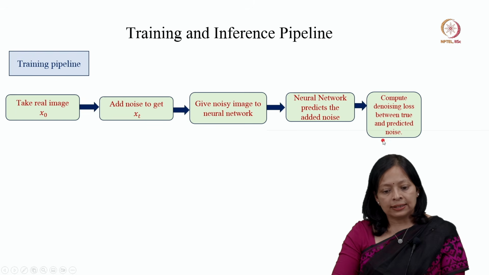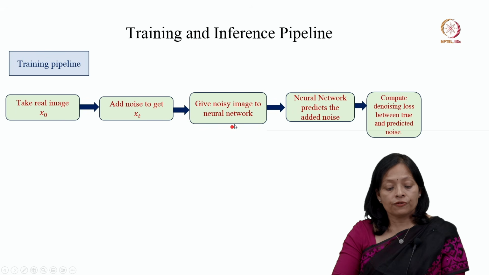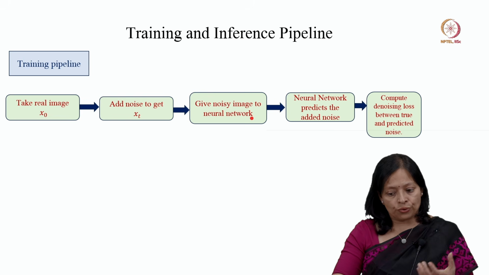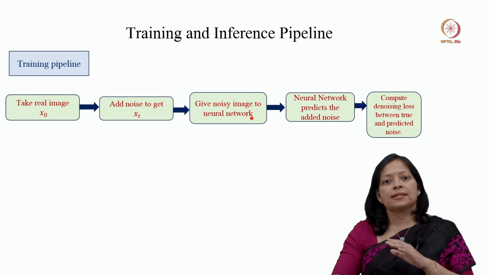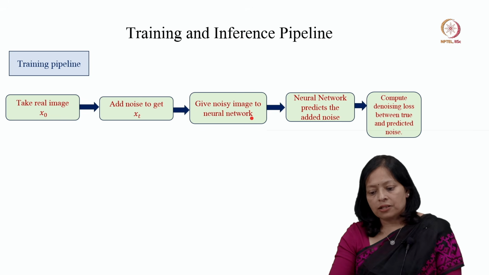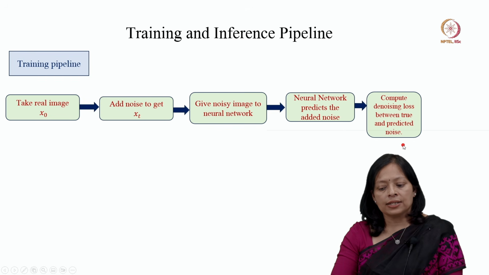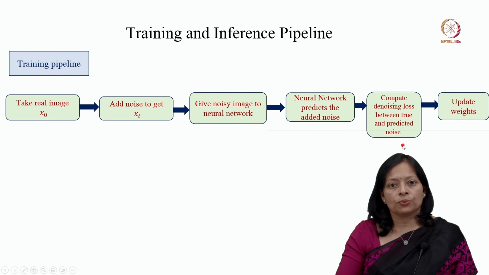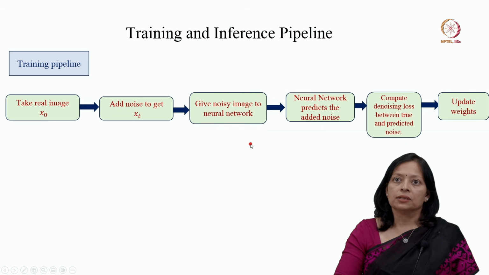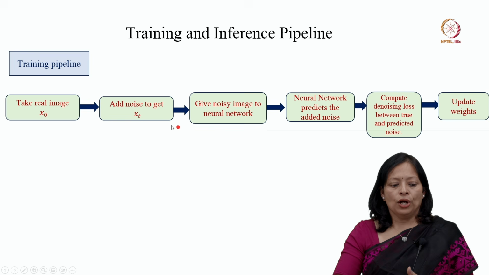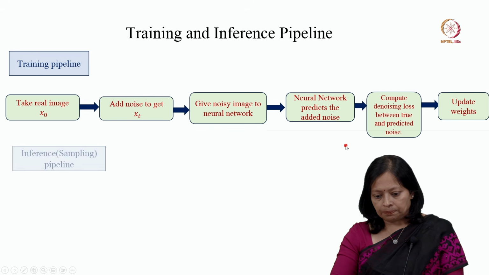So, the model finds the difference between the actual noise added and the ground truth. The loss is basically your predicted noise minus the actual noise. Once you compute the loss, you update the weights of your network, so that the prediction of the noise added in the image becomes more accurate. So, this is the training pipeline.